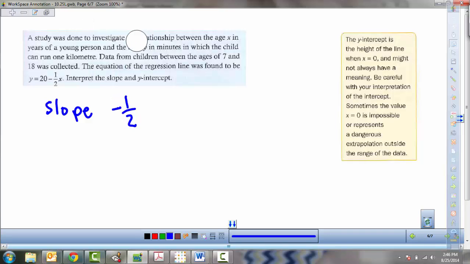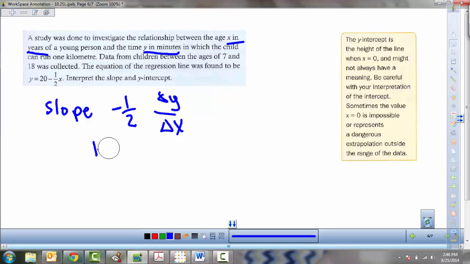We have to look at units here. It's the time in minutes and age in years. If we think about slope being change of y over change in x, we're talking how much the y changes, how many minutes, compared to how the years change. So we're going down half a minute per 1 year.